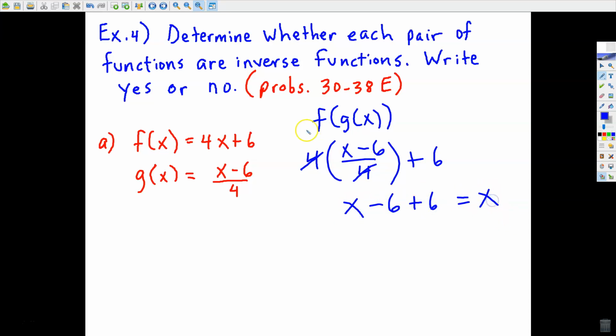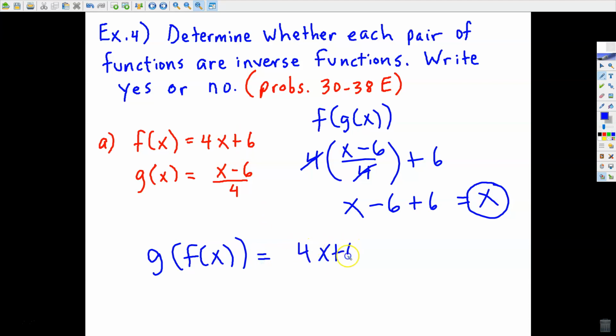Okay, so the composite f of g of x gave me the desired result, but that doesn't necessarily mean that they're inverses. Now, I need to go the other way and do g of f of x. And if I get the same result, then yes, they are inverses. So I'm going to take the f function, 4x plus 6, and it's going to replace x in this g function.